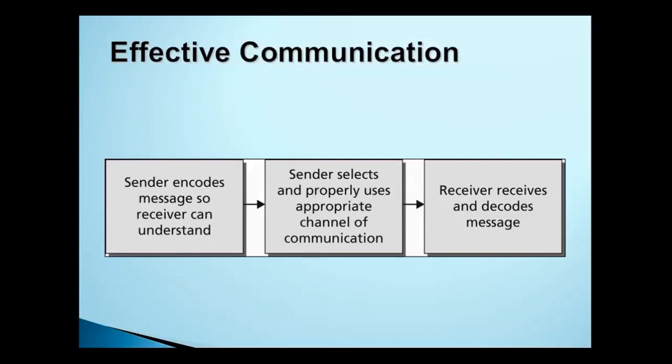Okay, so I'm going to have some thoughts in my mind or something I want to say to you. I'm encoding it, and then I'm going to say it to you. Okay, so then the sender selects and properly uses the appropriate channel of communication, which in my example would be my verbal speech, and then the receiver receives that information, which would be the words that I'm speaking, decodes it, and then makes sense of it.